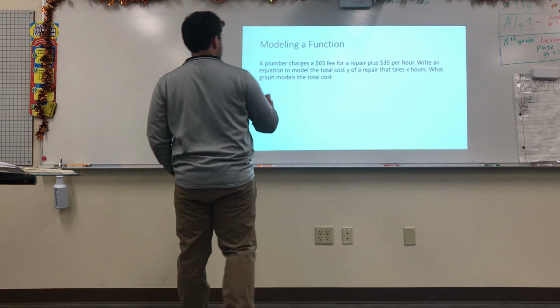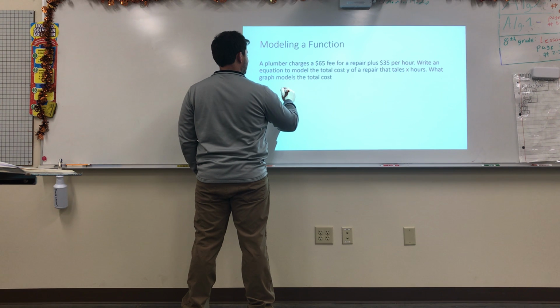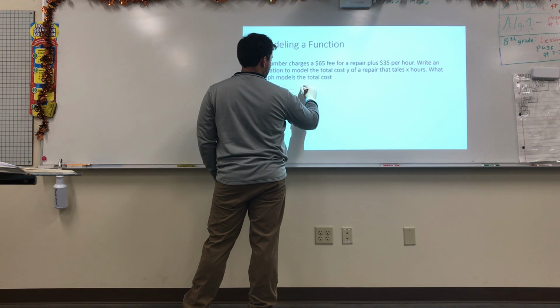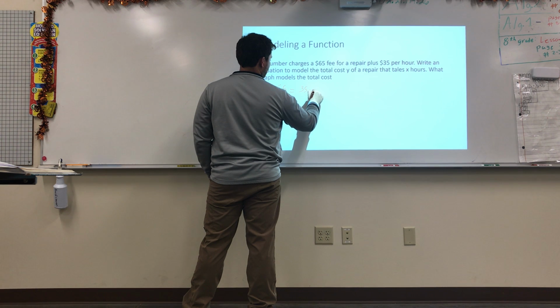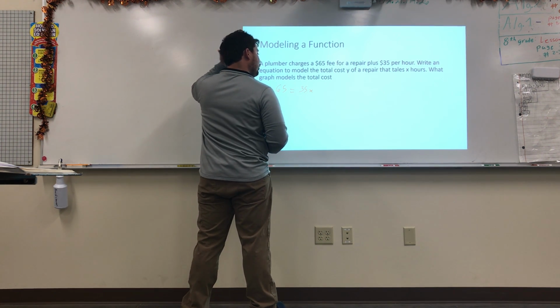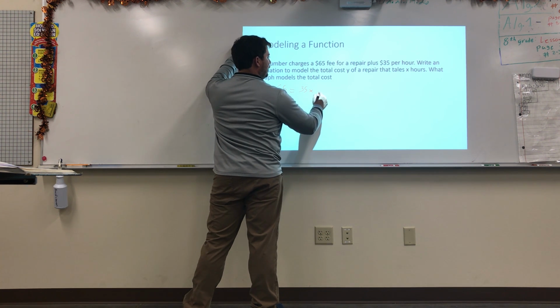So I'm believing that is the total fee. So that is my y. My x is going to be hours. 35 is probably my constant rate, which would mean that would probably be my slope per hour.